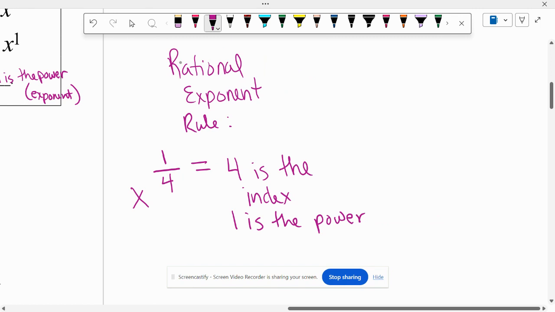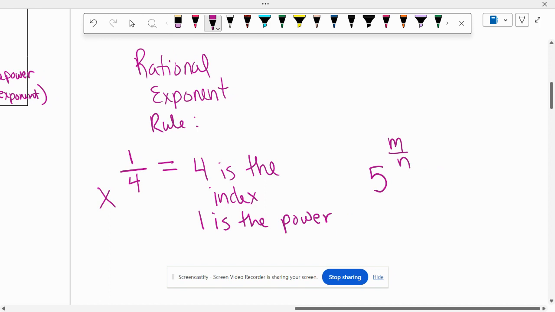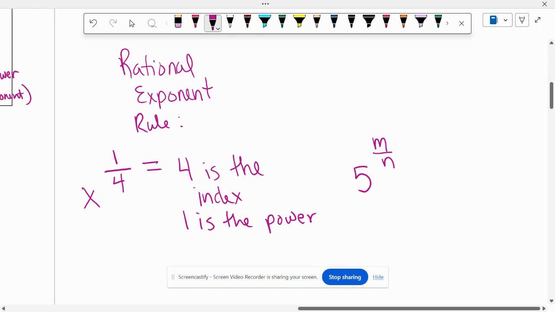But now I'm going to give you an example. What if I said I had 5 to the m over n power? Well, that just means that I'm taking the what root of 5? What's going to go outside my radical symbol? What's the denominator? n.